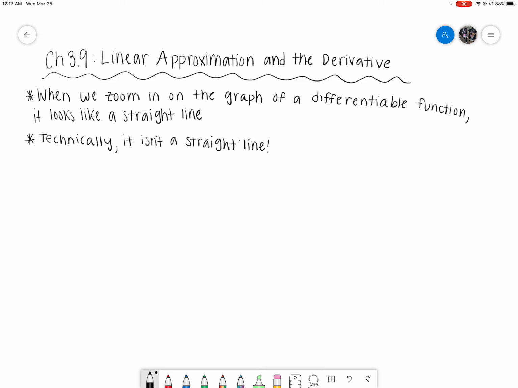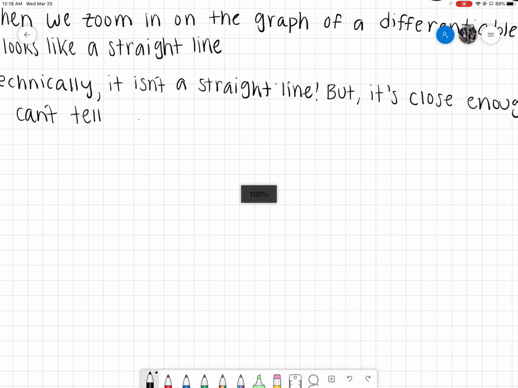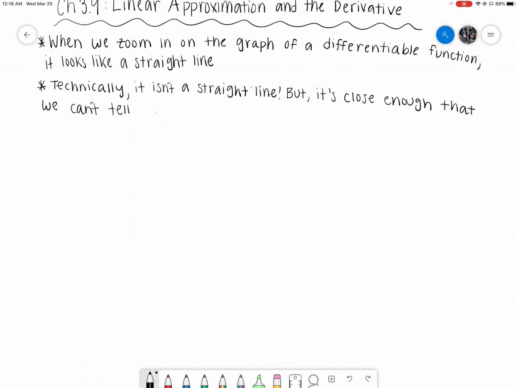But it's close enough that we can't tell just by visual inspection.